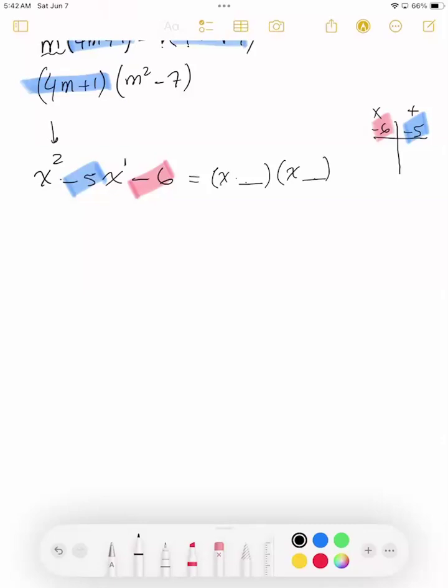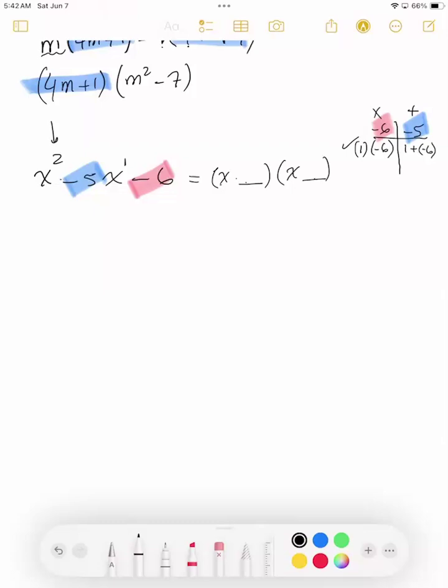You start with multiplication, and if you don't know the 2 numbers, just start with 1 times negative 6. 1 times negative 6 is negative 6. Then add those numbers. 1 and minus 6 is negative 5. So that's it. I found the answer.